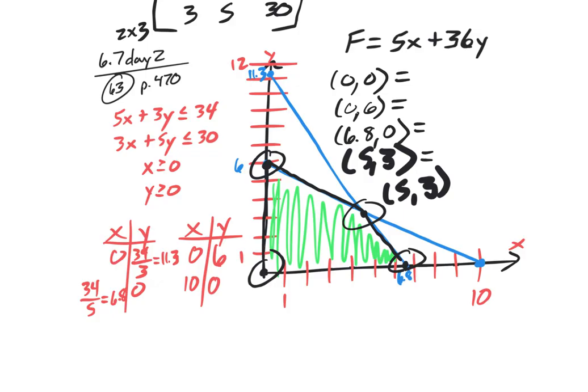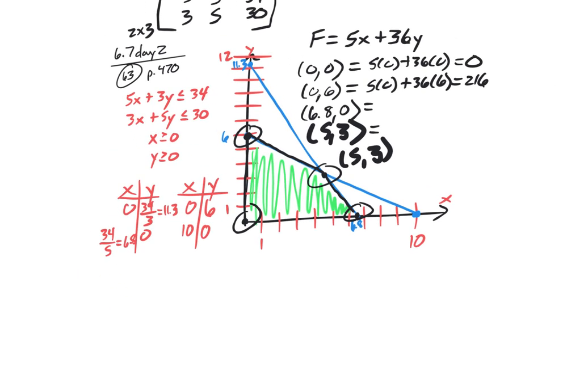So when I plug in 0, 0, that's pretty easy. 5 times 0 plus 36 times 0 just gives me 0. Not much work to be done there. Okay, this one would be 5 times 0 plus 36 times 6, which is 216. This would be 5 times 6.8 plus 36 times 0, which gives us 34.